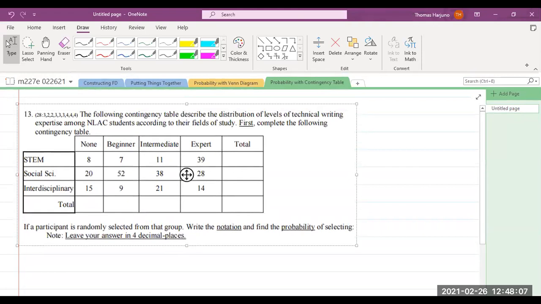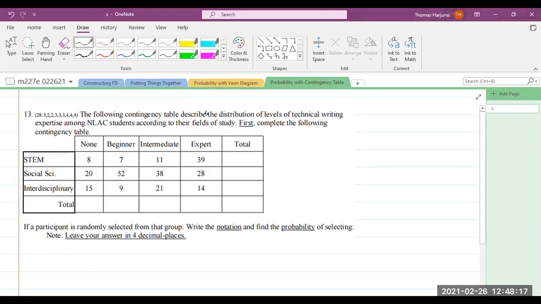It describes the following contingency table: the table describes the distribution of levels of technical writing expertise among NLAC students according to their field of study. Now, first complete the following contingency table.